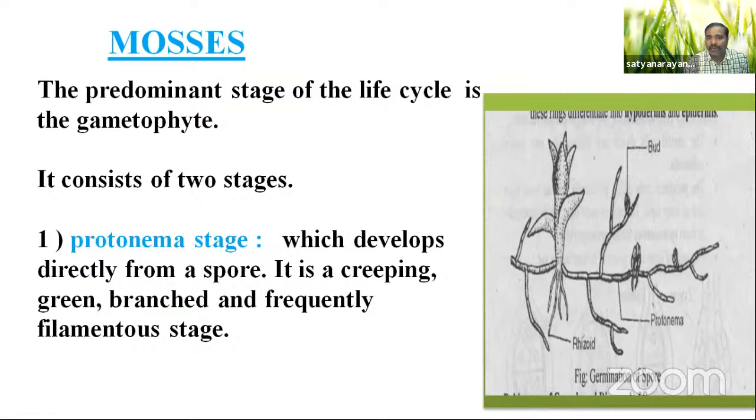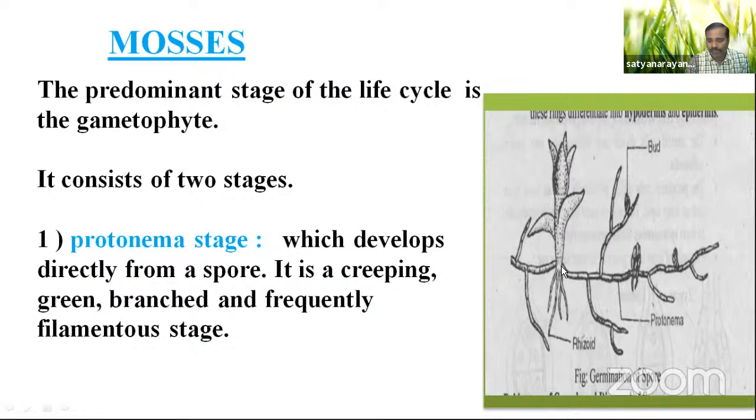It is not the developed stage. It does not bear any sex organs. So when the spores develop, they produce the first stage called protonema, a creeping branched condition which does not bear any sex organ.